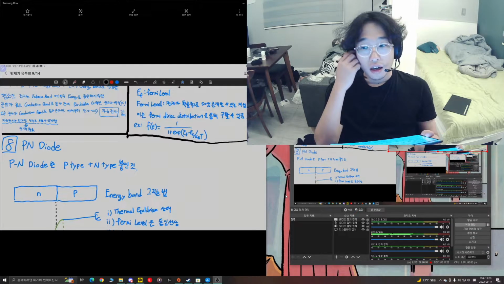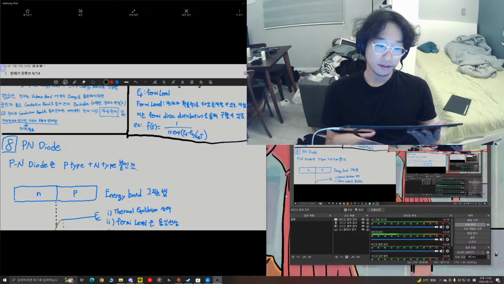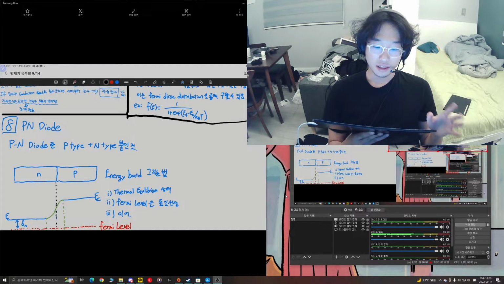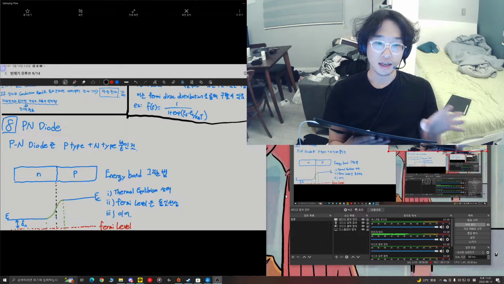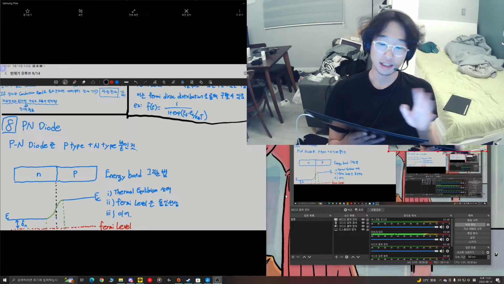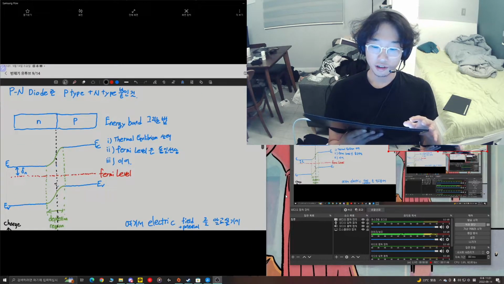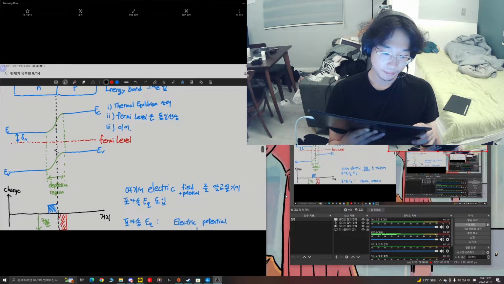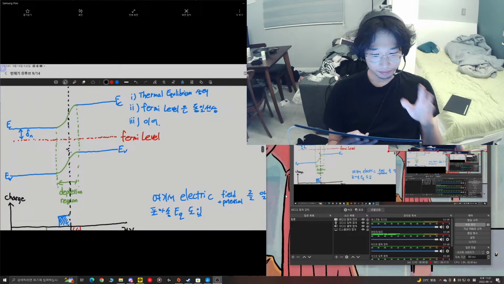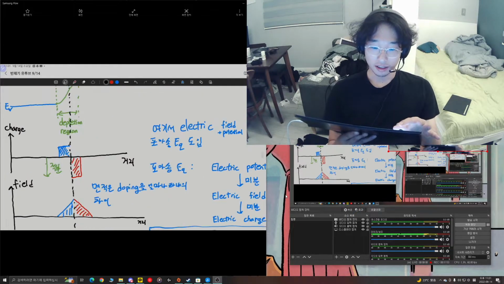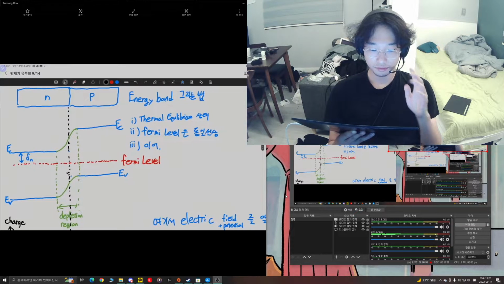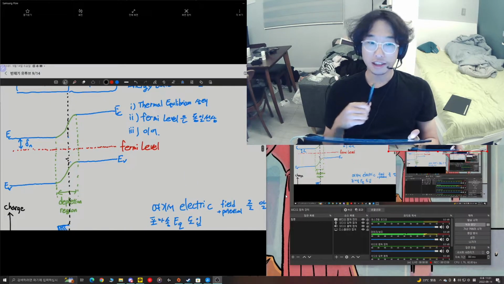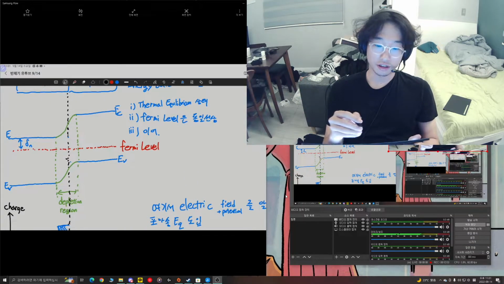And lastly, we learned about the PN diode, because when we get a p-type and n-type together, there will be a movement of electrons. If we look at this energy level, there will be a depletion region.